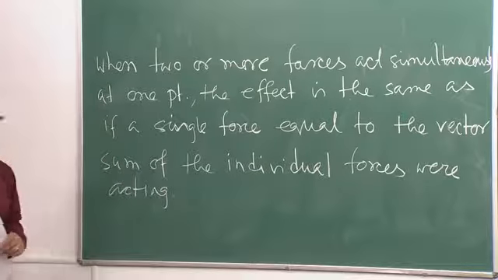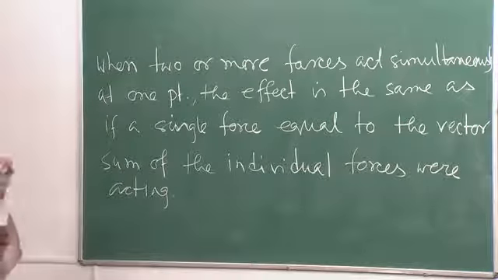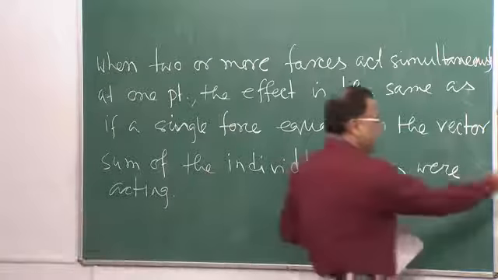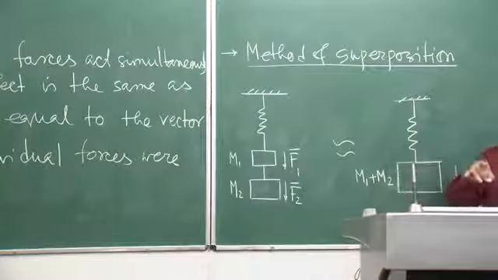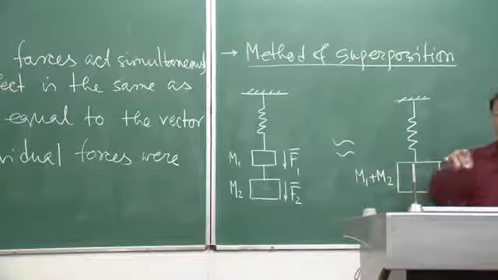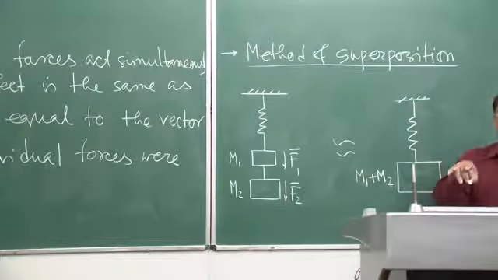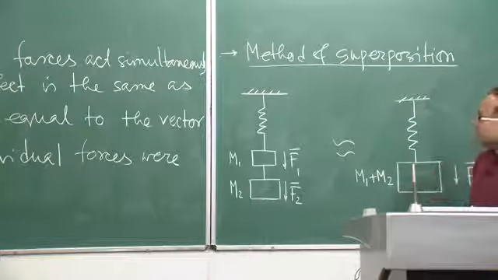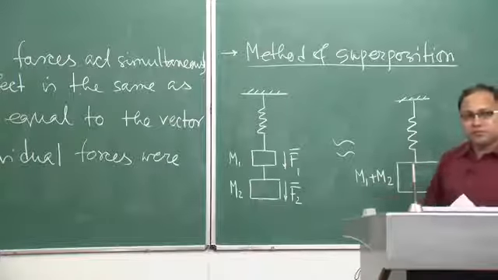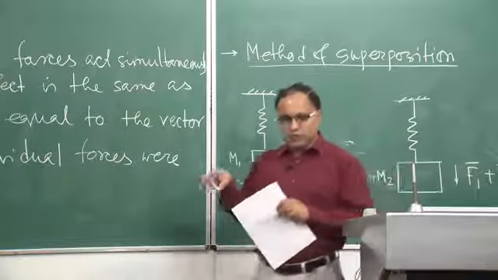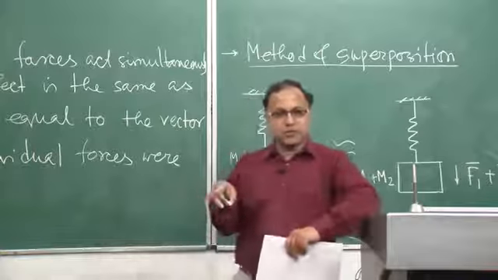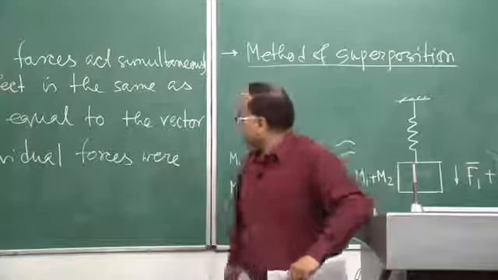So, what does it say? It says that when two or more forces like F1 and F2 act simultaneously, they have to be applied simultaneously. Okay? At one point, please try to understand, at one point, that means the point of application of that force, we will come to that, the point of application of that force will be the same.